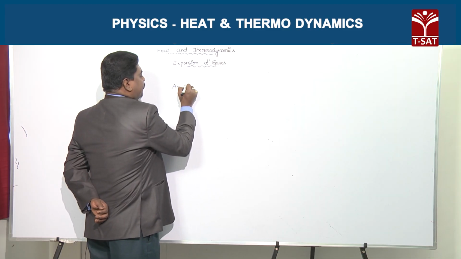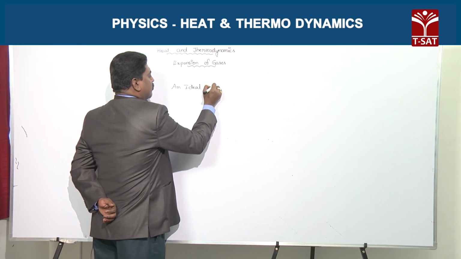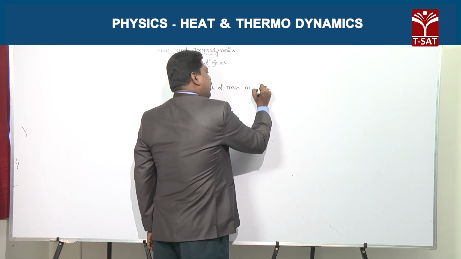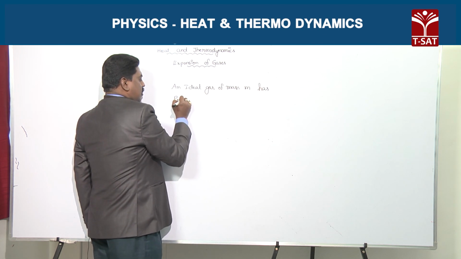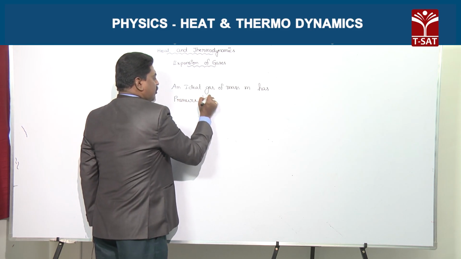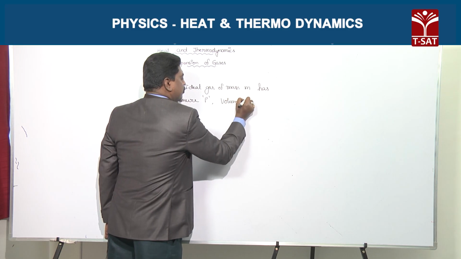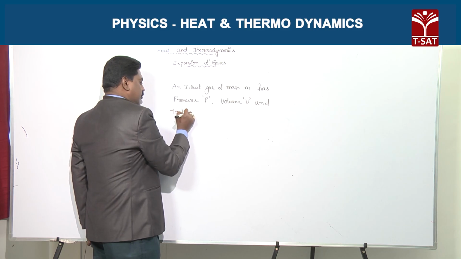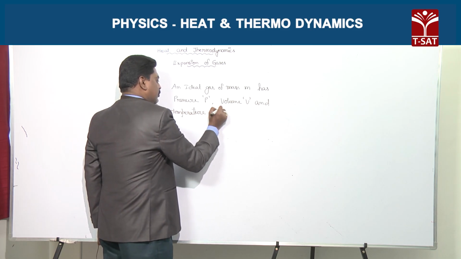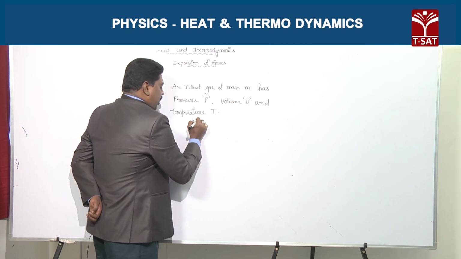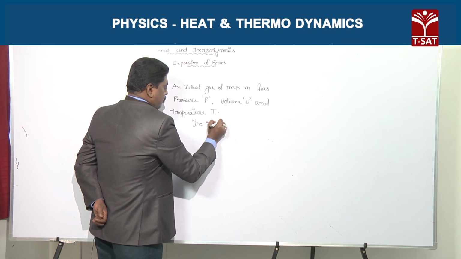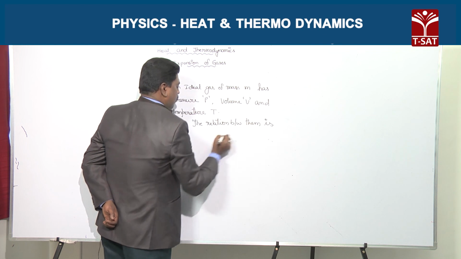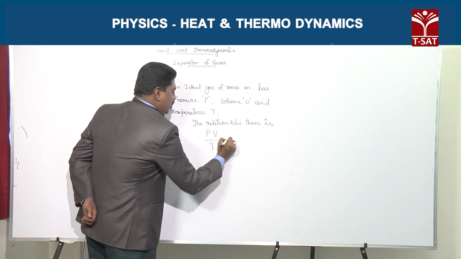An ideal gas of mass m has pressure P, volume V and temperature T. The relation between them is PV by T is equal to constant.